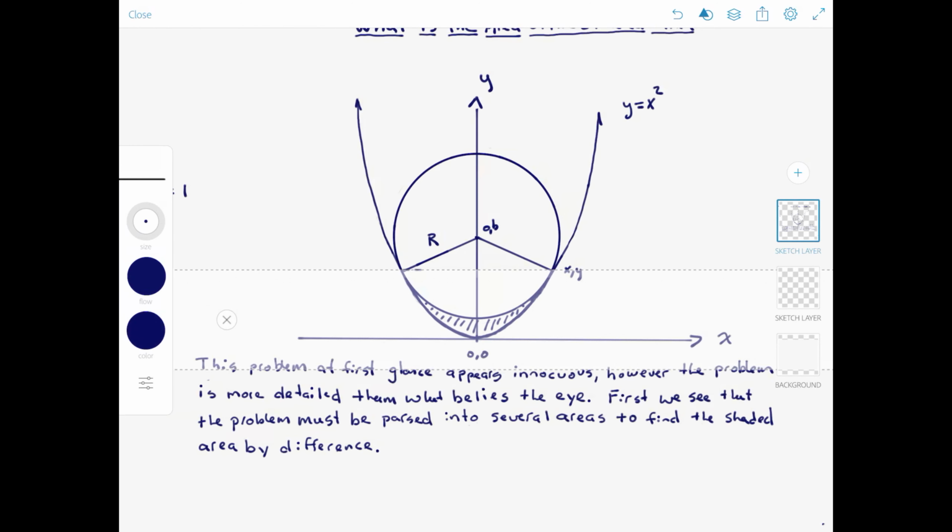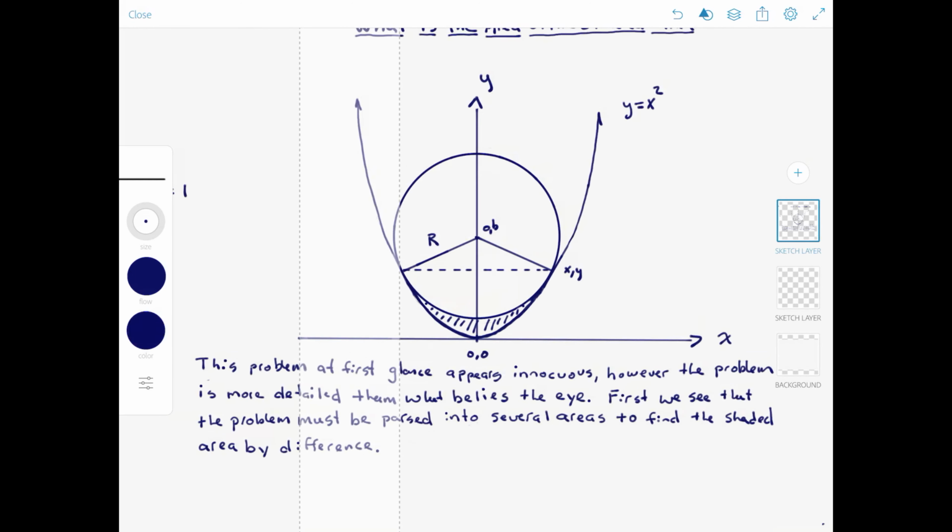Because of the symmetry of the problem, all we have to do is take a look at the right side of the y-axis, and then double everything. That would make it easier. But I'm drawing the entire problem out to show you, in essence, what it really means.